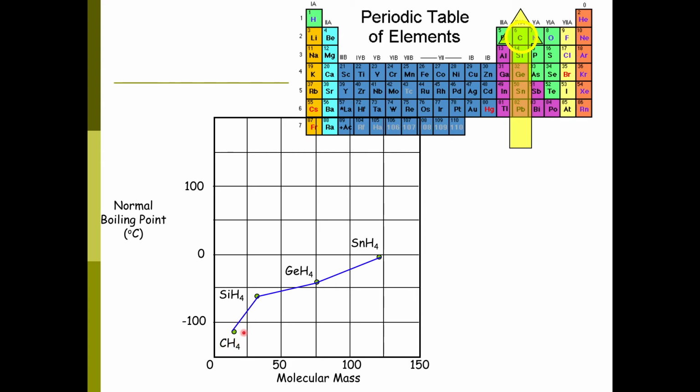So you see that methane has the lowest, and then tin has the highest boiling point. Remember, boiling point's on that y-axis. So as the molecular mass increases, you can see that the boiling point does increase. So you see that increase in intermolecular force because of the increased molecular mass.